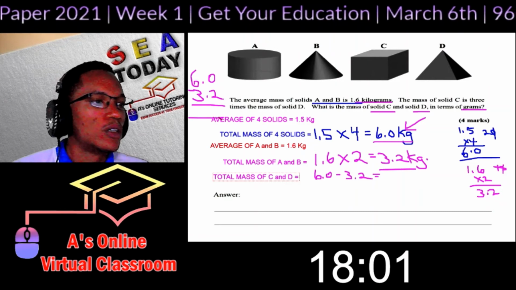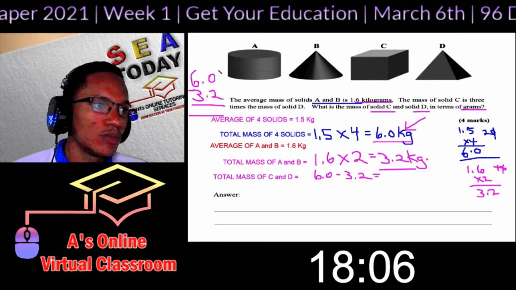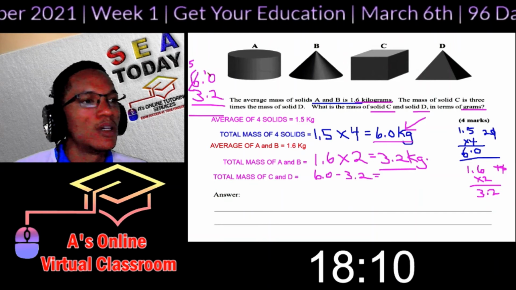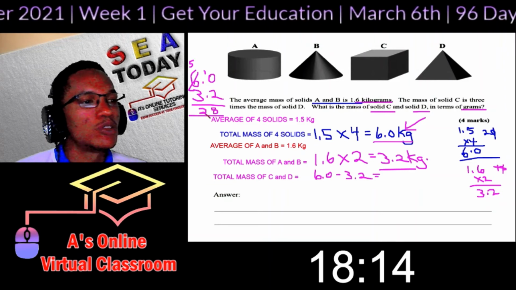0 cannot subtract from 2, so we have to borrow from the 6. 10 take away 2 is 8. 5 take away 3 is 2.